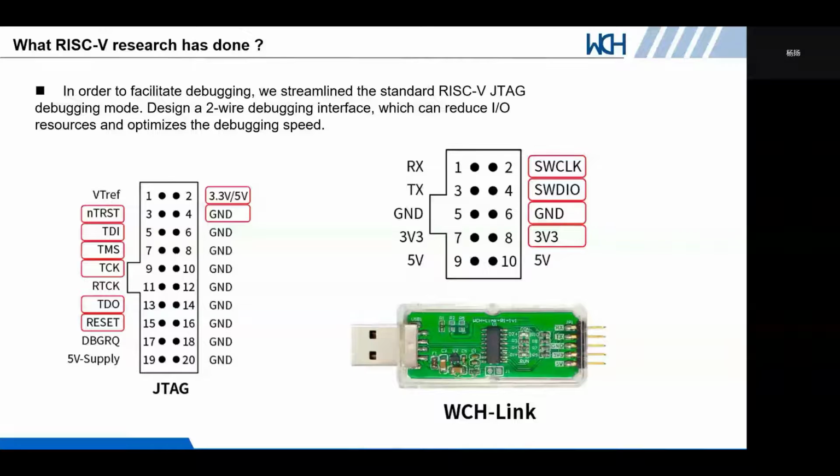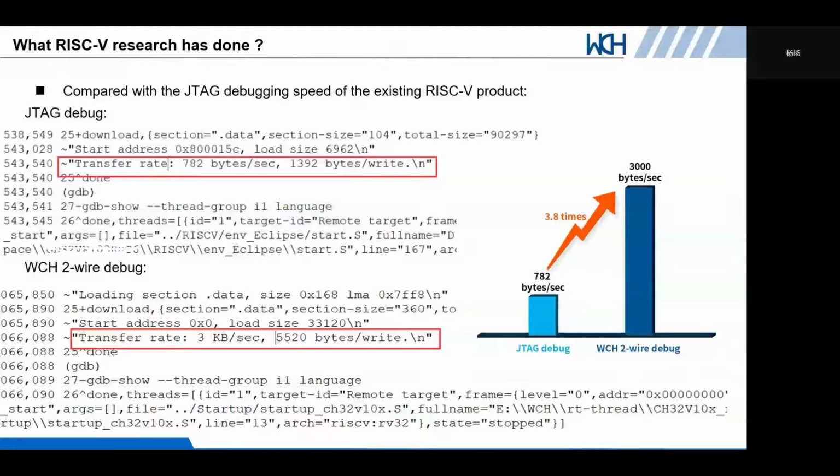This is the RISC-V link debugger, which was designed by WCH. In order to test our expanded and optimized two-wire debugging efficiency, we did the following comparative experiments. We used the same project code and compiled it.